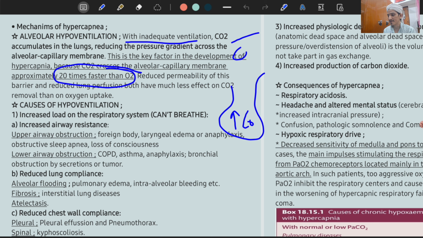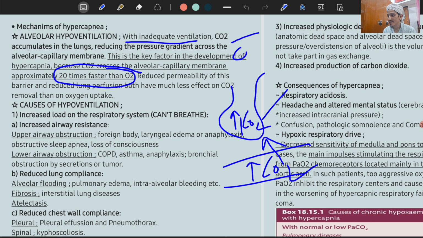So when there is some abnormality, some obstruction like that, there will be increased partial pressure of carbon dioxide in the alveoli, and in the blood vessels also there will be increased carbon dioxide. Remember osmosis. Concentration is increased here, so there will be less diffusion of carbon dioxide to the alveoli, because the concentration of carbon dioxide is increased in the alveoli. In normal conditions, carbon dioxide diffuses 20 times faster than oxygen.